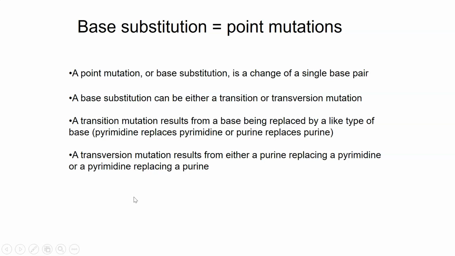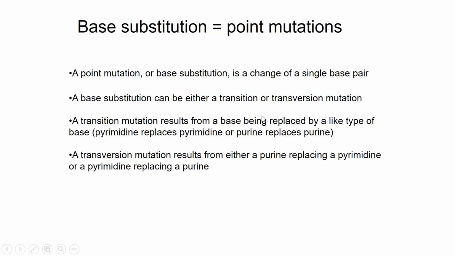Okay, base substitution. So this is different types of mutation based on the change that occurs. So this is also called a point mutation. It's the smallest unit change you can make, changing one base to another. Okay.